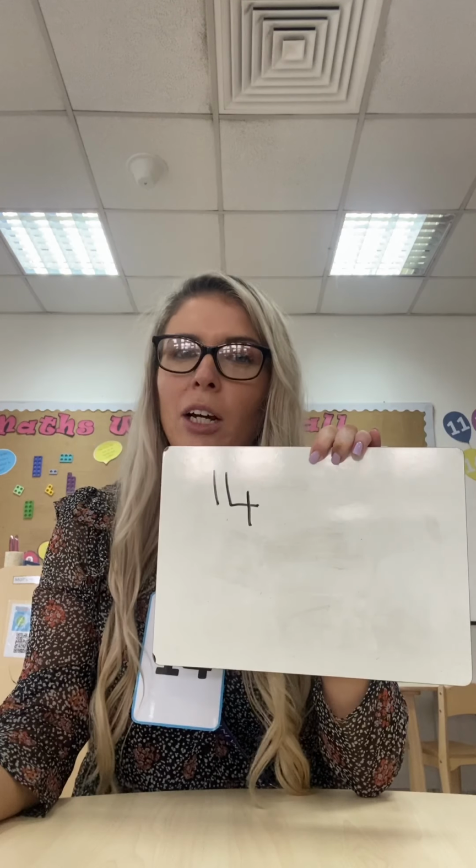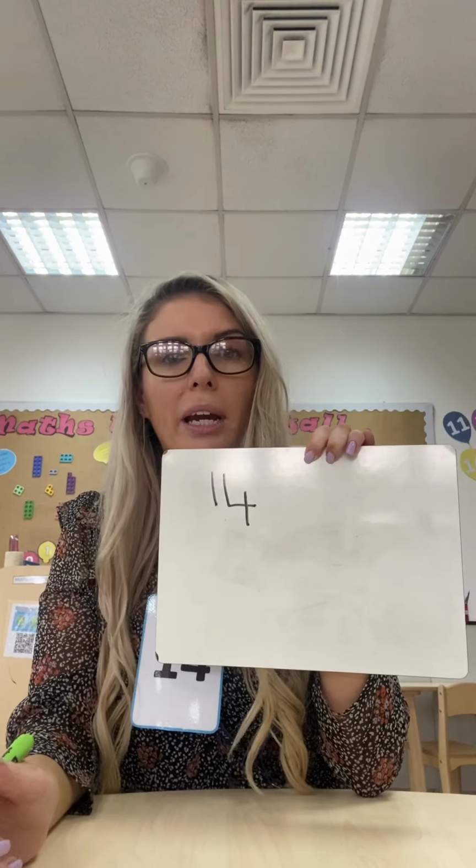Let's get my whiteboard ready. Okay, I know that 1 less than 14 is 13. How could I write that as a number sentence? What number do we start with? We started with the number 14. So I'm going to write down my number 14. Now 14, am I adding or am I taking away? Well, I'm making the number smaller, so I'm taking away. So I need to do my subtraction sign, my take away sign.